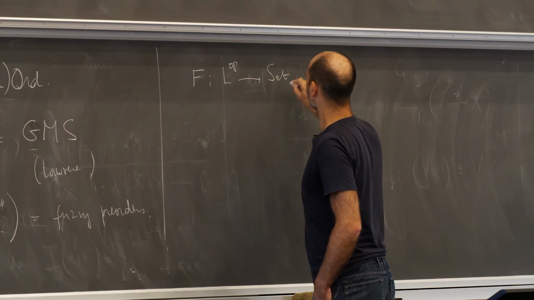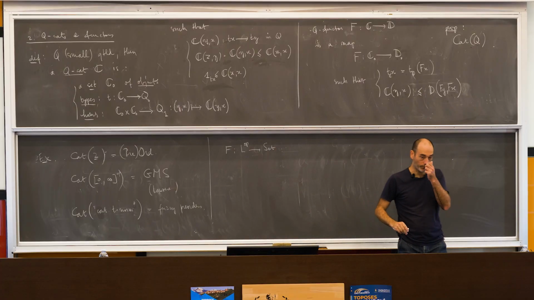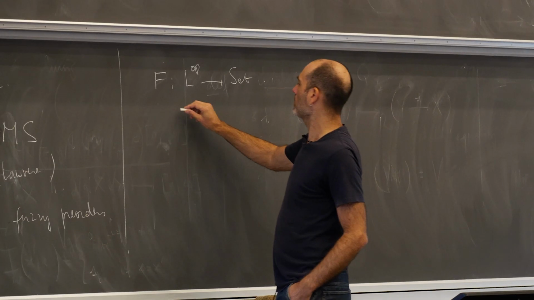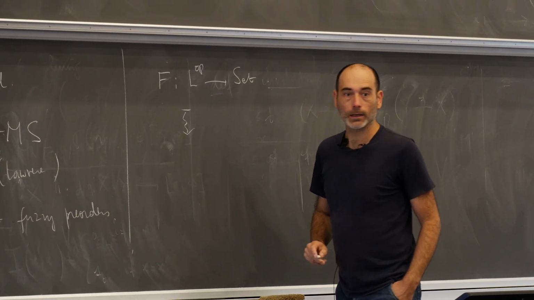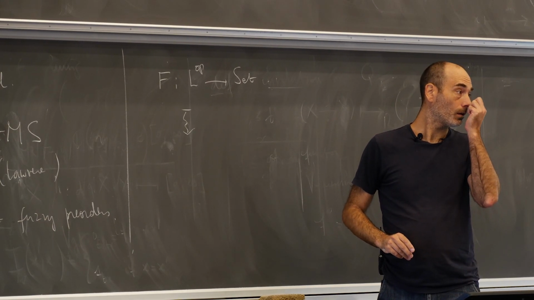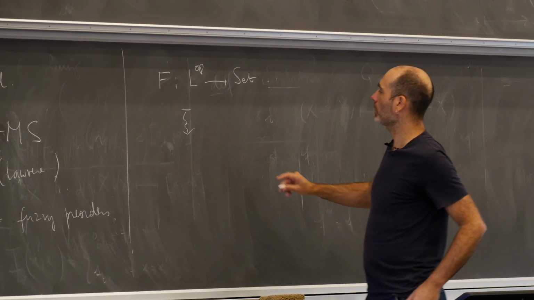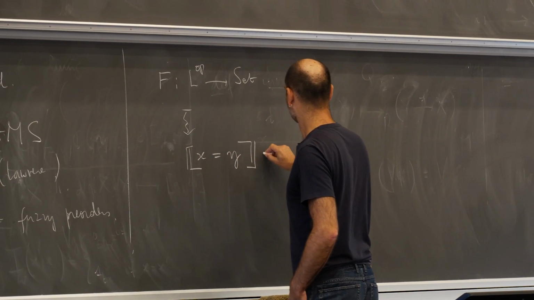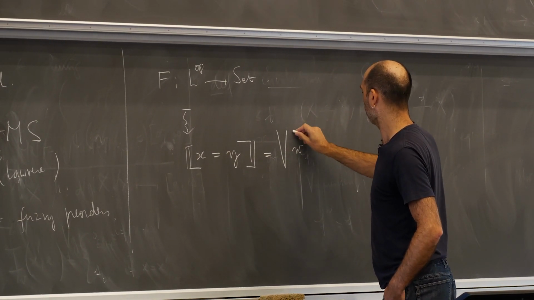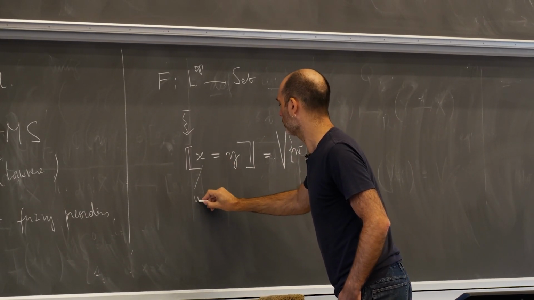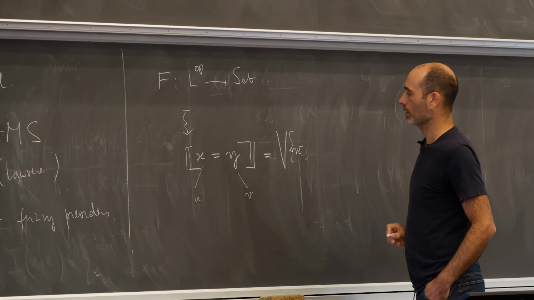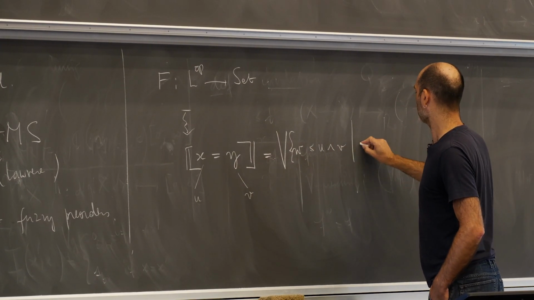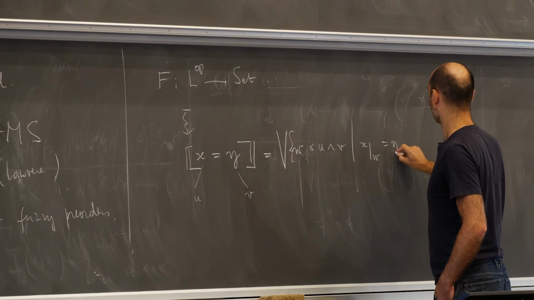I'm doing it localically. I'm taking my presheaf, or sheaf if you wish, on a locale, and I pretend that there is now a way to compute a category. Now, remember, we wanted to work with these truth values. So if x is over u and y is over v, then we wanted to compute the join of all w's such that x restricted to w is y restricted to w.